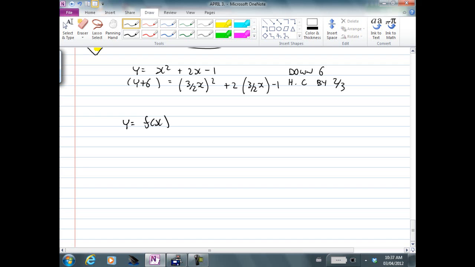Create an equation. What would the equation look like if I give you this? This is going to be horizontal expansion by 3. Horizontal compression by 1/4. Down 2. Sorry, this is vertical.